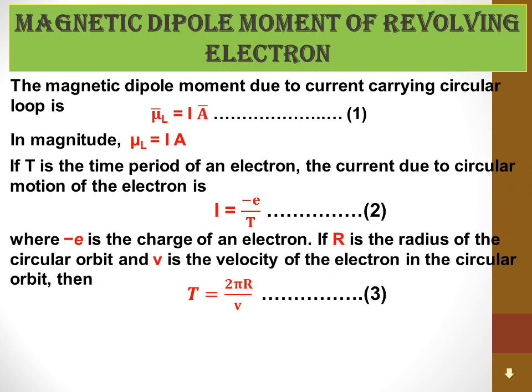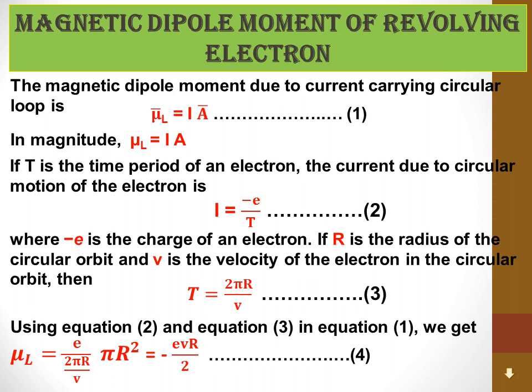Here minus e is the charge of an electron, R is the radius of the circular orbit, and v is the velocity of the electron in the circular orbit. Therefore, the time period T equals 2 pi R divided by v. As you know, 2 pi R is the circumference of the circular orbit. Let us take this as equation number 3.